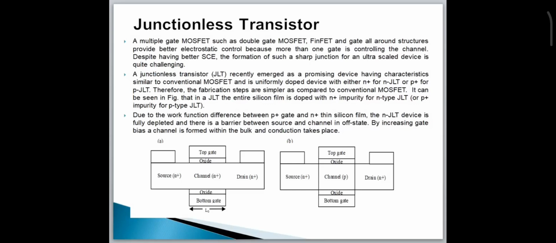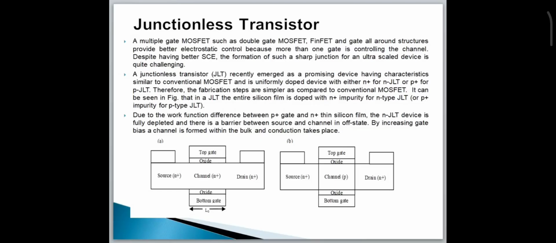One thing comes out from here. In case of a doped structure, we require a sharp junction. If we talk about fabrication, it is quite a challenging task to obtain a sharp junction for an ultra-scaled device.